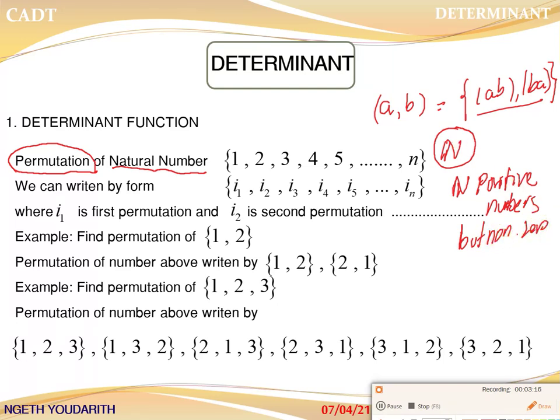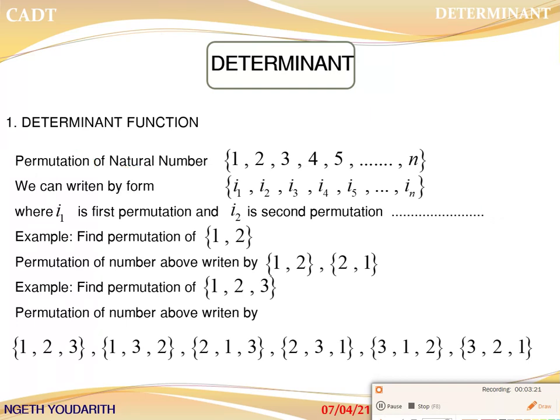The natural number is an integer, a positive number, but it's non-zero.